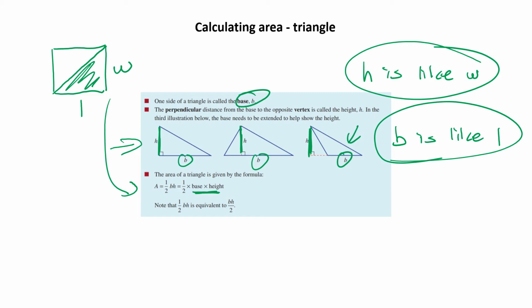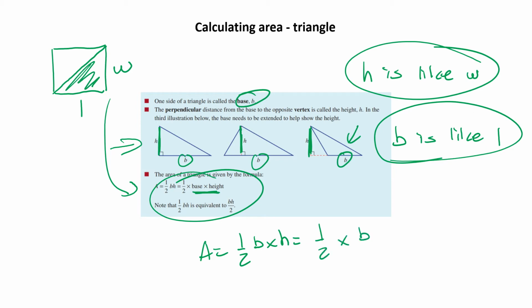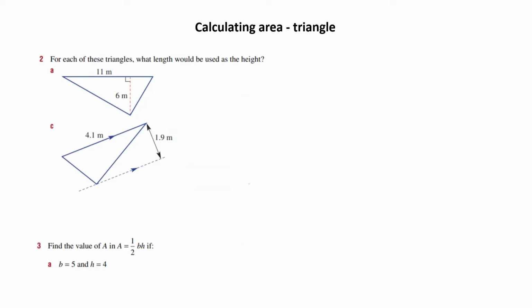Now we can write this as we've got here, A equals half base times height, which basically means half times base times height. You can write it as it says there, it's the same thing. So let's have a look at these examples.